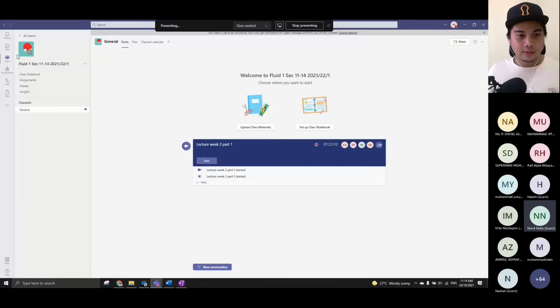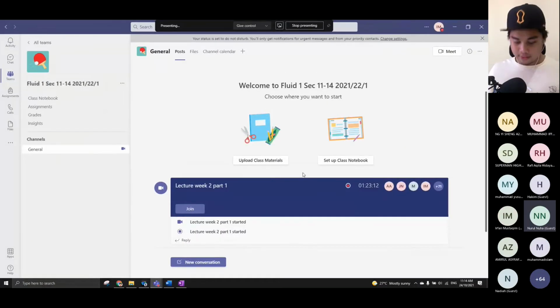No, doctor, we cannot get in. Does it require sign up? Yes. Also, it says the account needs to be added as an external user in the tenant first. I don't know what it means, but we cannot get in.